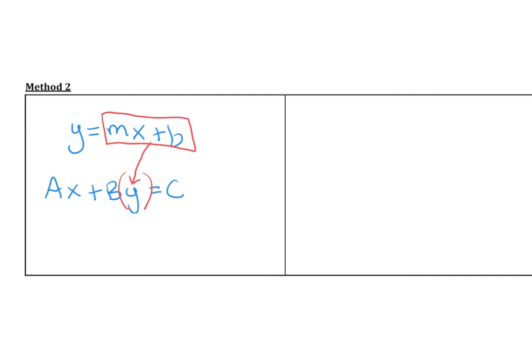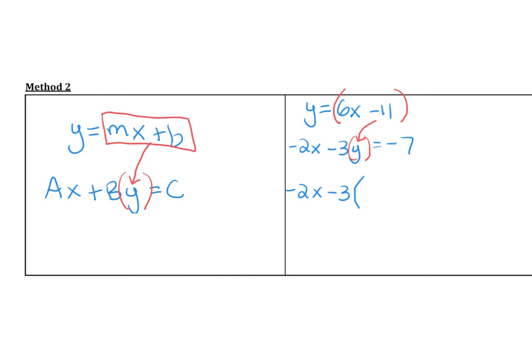So with numbers, this would be if I have y equals 6x minus 11, and then negative 2x minus 3y equals negative 7. If y equals 6x minus 11, I'm going to plug that into y. So what I write is negative 2x minus 3 parentheses, y is equal to 6x minus 11, equals negative 7.